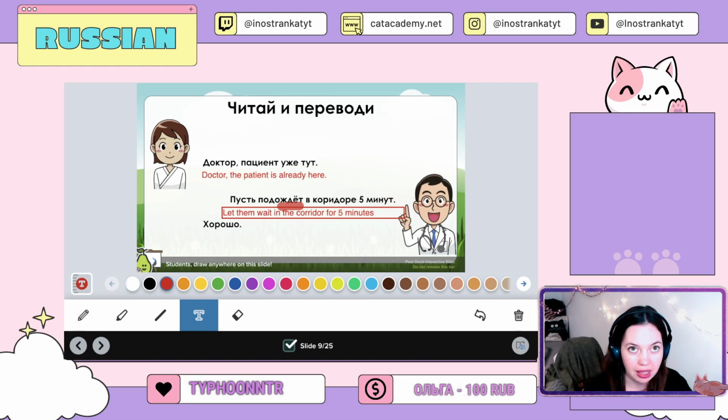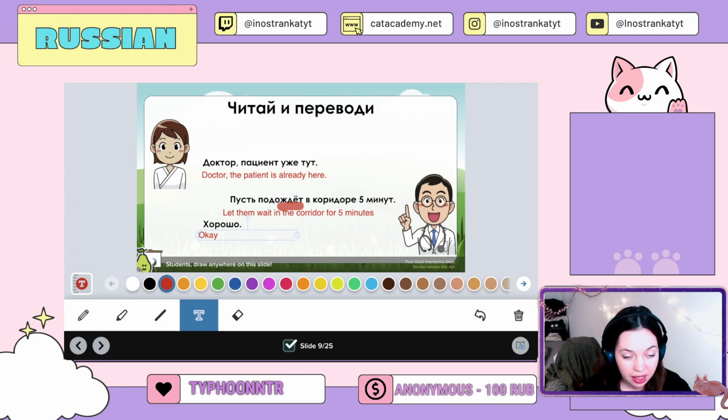It doesn't mean that the doctor is angry or hates the patient. It just means that the doctor is busy with some other stuff, maybe filling in papers or preparing. When they are ready, they will ask the patient to come in. It could be 5 minutes, could be 10 minutes, you never know. Хорошо. Again, in this case, it means okay, fine, understood, okay.